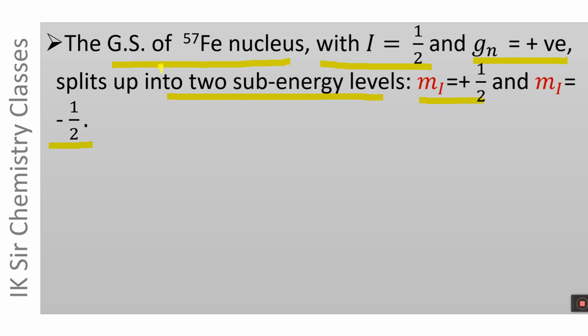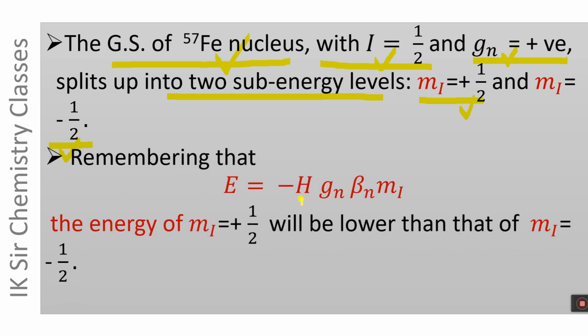The ground state of the Fe57 nucleus with nuclear spin 1 by 2 and positive gn splits up into two sub-energy levels, Mi equals plus half and Mi equals minus half.